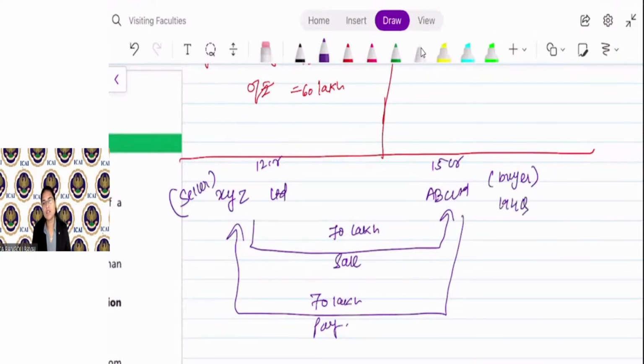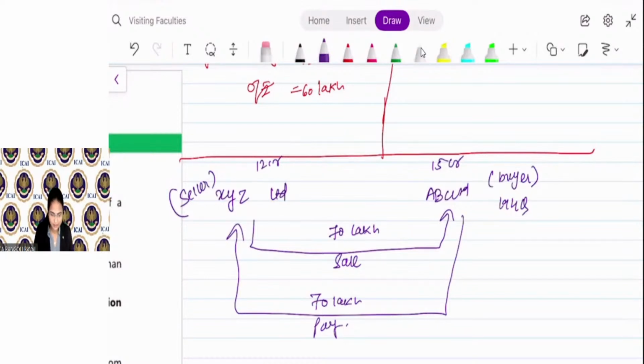Why? Because the turnover of ABC Limited in last year is more than 10 crore, and ABC Limited made purchases from XYZ Limited of more than 50 lakh during the year. So ABC Limited is required to deduct TDS under section 194Q on the amount of rupees 20 lakh, that is exceeding 50 lakh, at the rate of 0.1%.